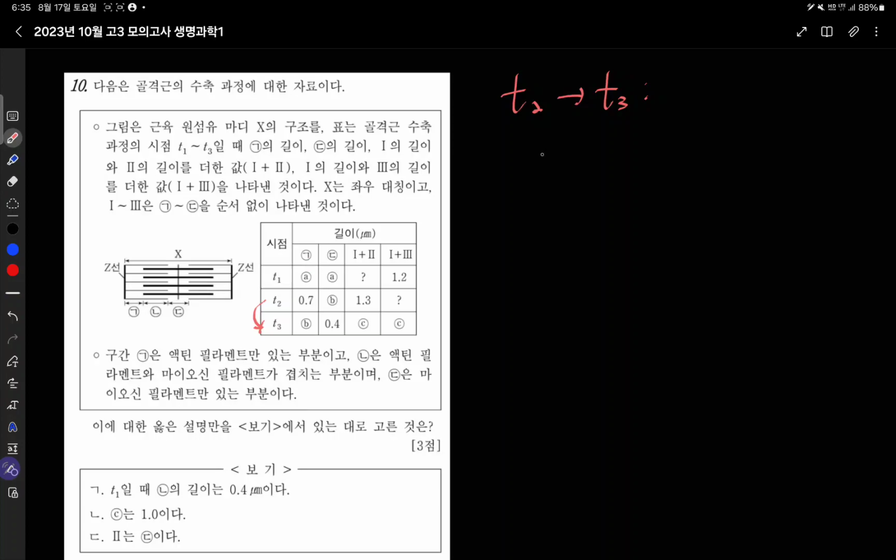So if we subtract X from 0.7, it becomes the length B.